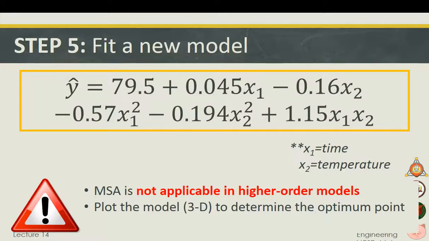Then if it's x2, get the partial derivative dy over dx2, and so on and so forth. If you can't remember how to do partial derivatives, then maybe you should review your notes on how to do them. That's how you do your optimization for 3D for higher order models.